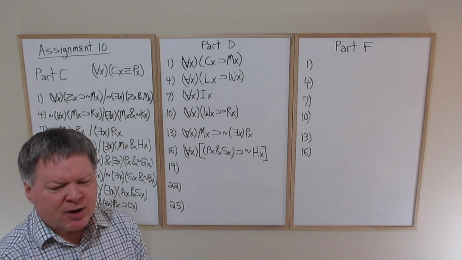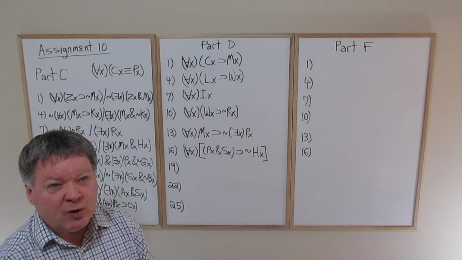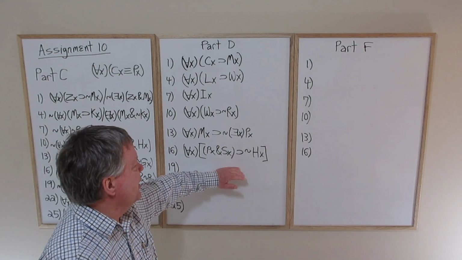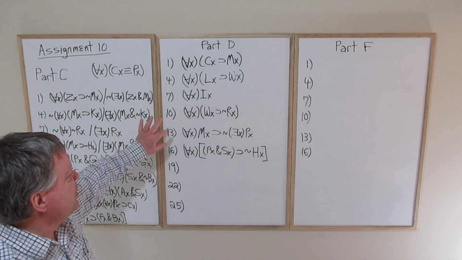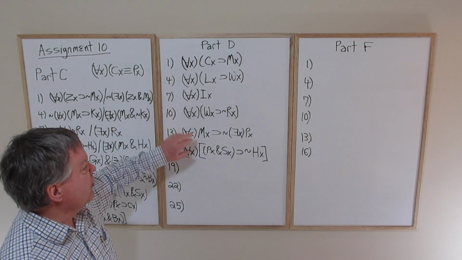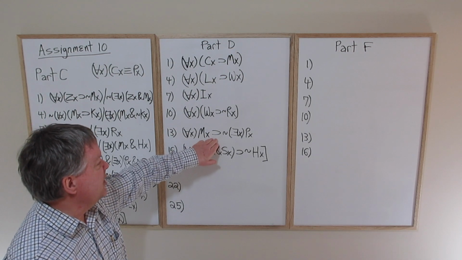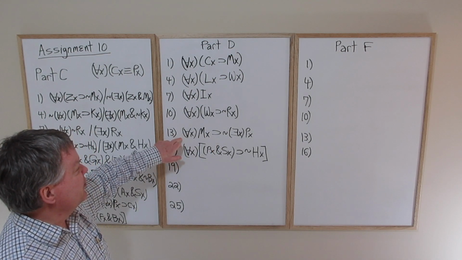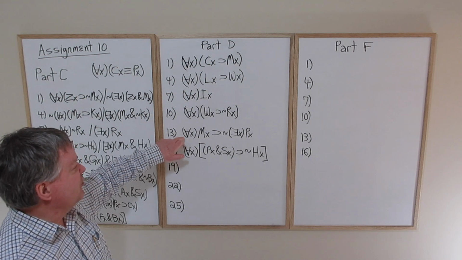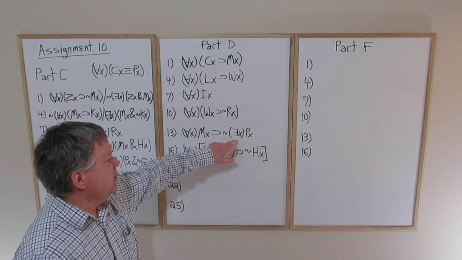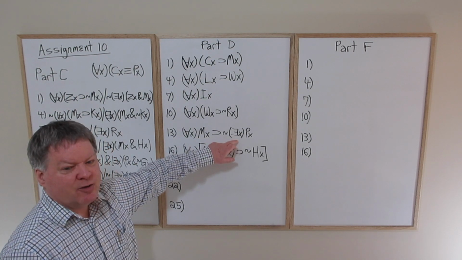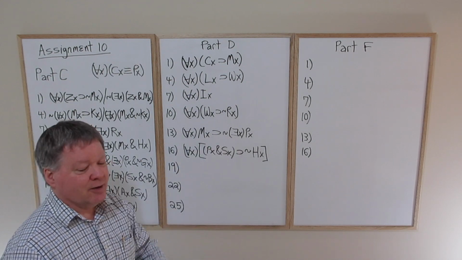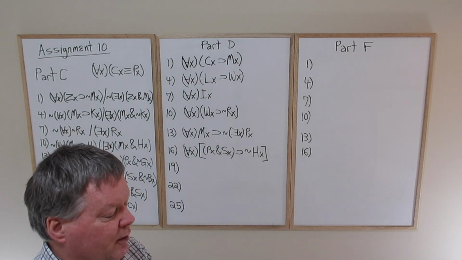So the entire sentence is a universally quantified conditional. In contrast to 13 here, where the entire sentence is a conditional, with a universally quantified simple sentence as the antecedent, and the negation of an existentially quantified simple sentence as the consequent.